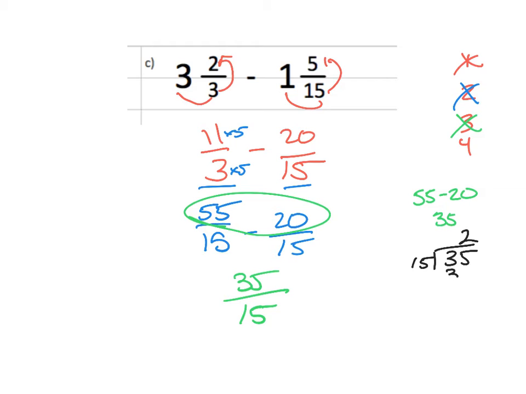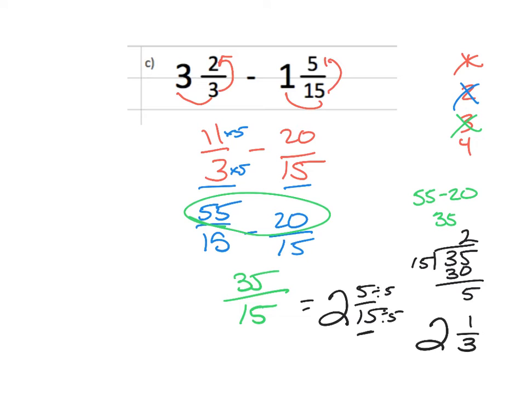That would be 2. 2 times 15 is 30, with 5 left over. So our answer would be 2 and 5 15ths. However, we can simplify this. We can divide them each by 5. So 2 and 1/3 will be our answer.